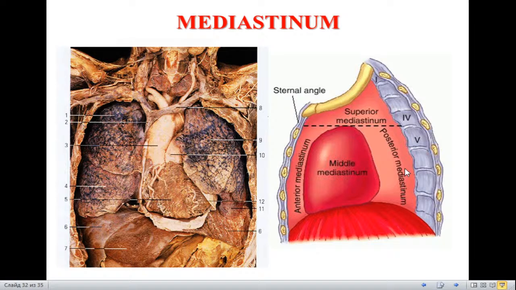In the superior mediastinum we can see the thymus, arc of aorta and its vessels, vagus nerve, phrenic nerve, sympathetic trunk, thoracic duct, and cervical portion of the esophagus.